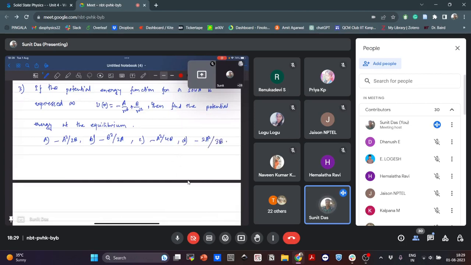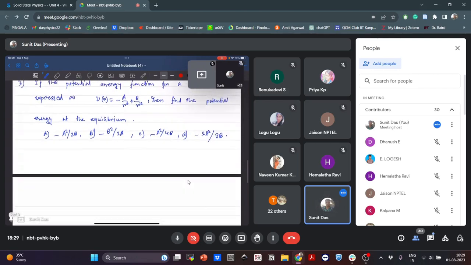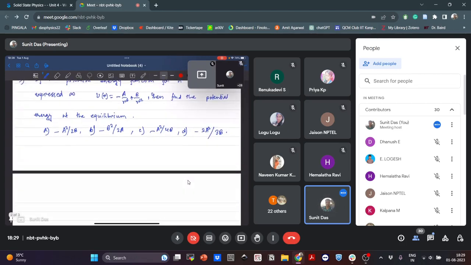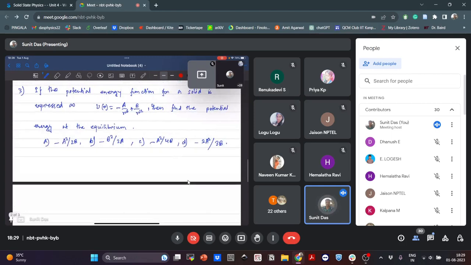So I'll directly solve this one. The potential energy function for a solid is expressed as u of r. This term gives the attractive part, and this is the repulsive part.